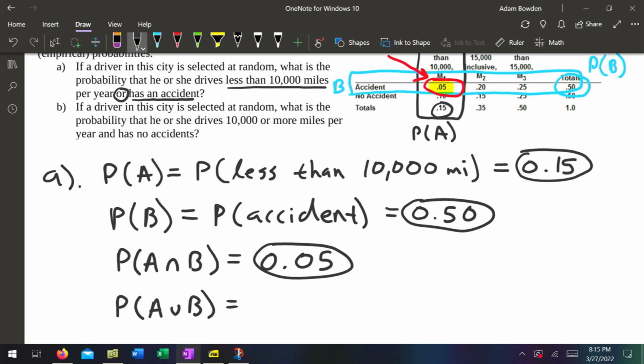We're doing that because we want to find the probability that they drove less than 10,000 miles or had an accident.